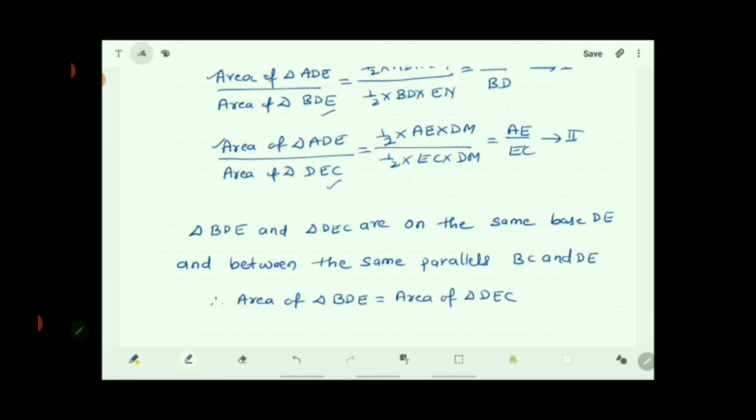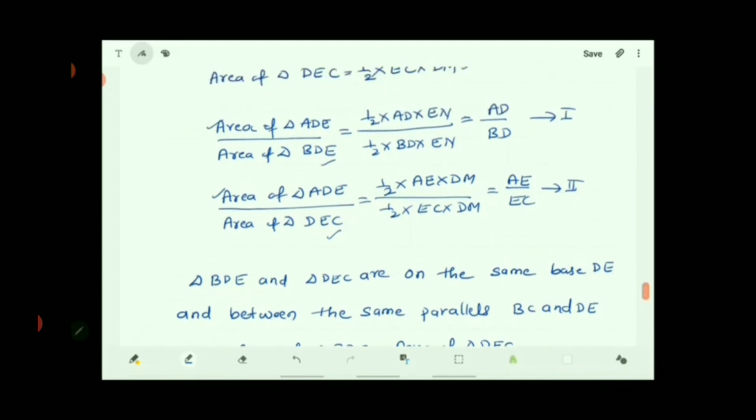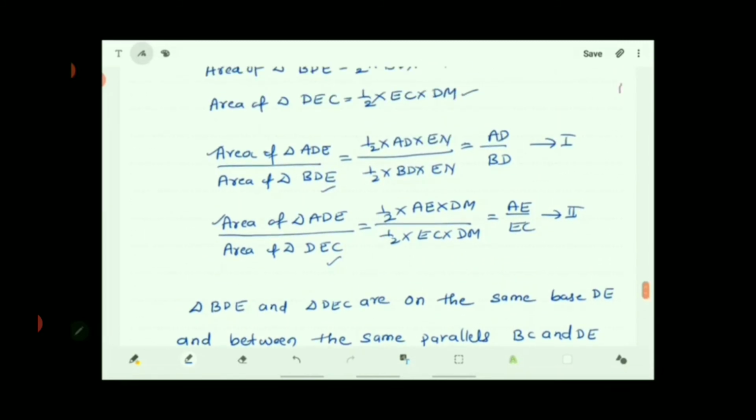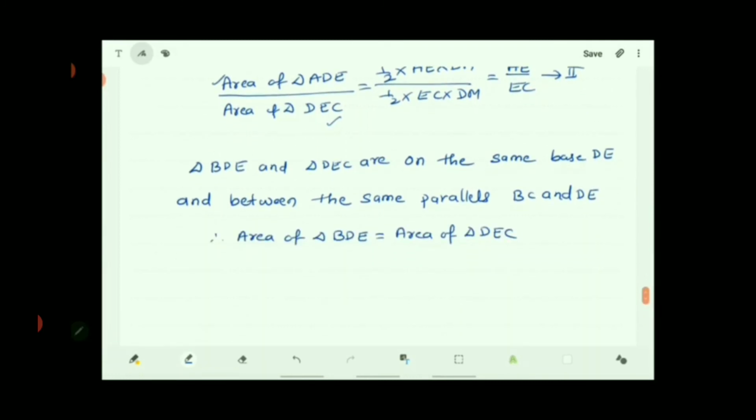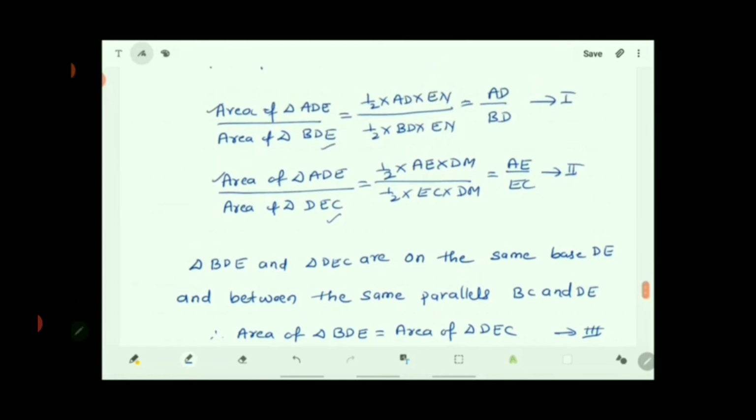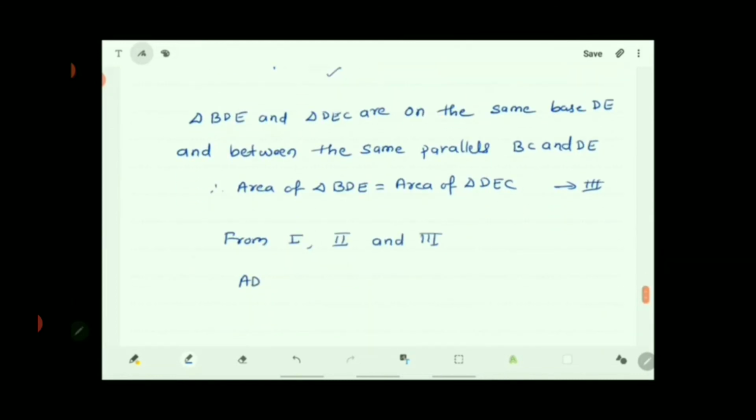Therefore, from first and second, keeping in view that triangles on the same base and between the same parallels have equal area, the ratio 1 equals the ratio 2. We consider this the third. So from first, second and third, we can conclude that the ratios AD by BD and AE by EC are equal.